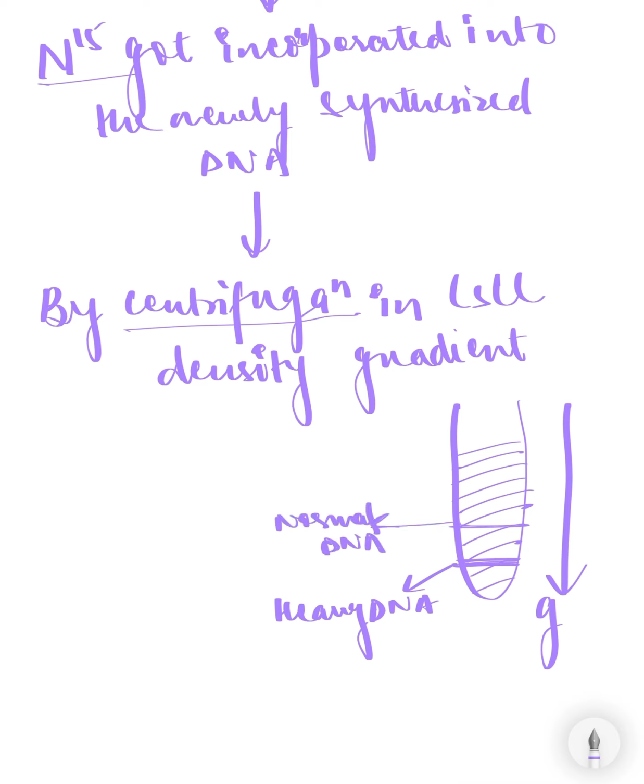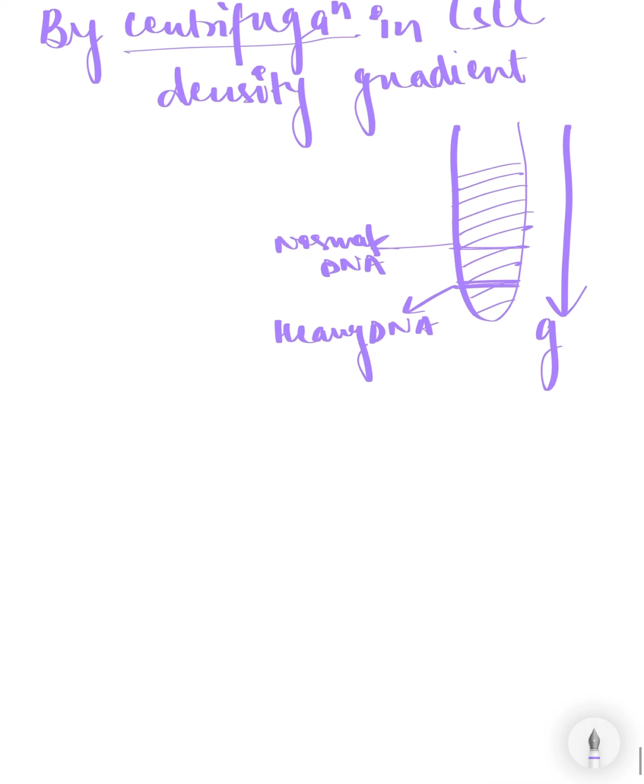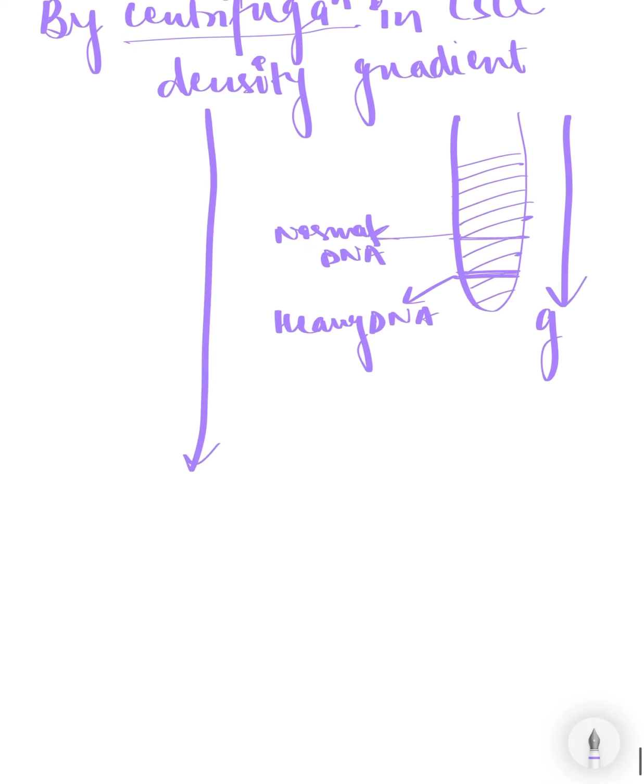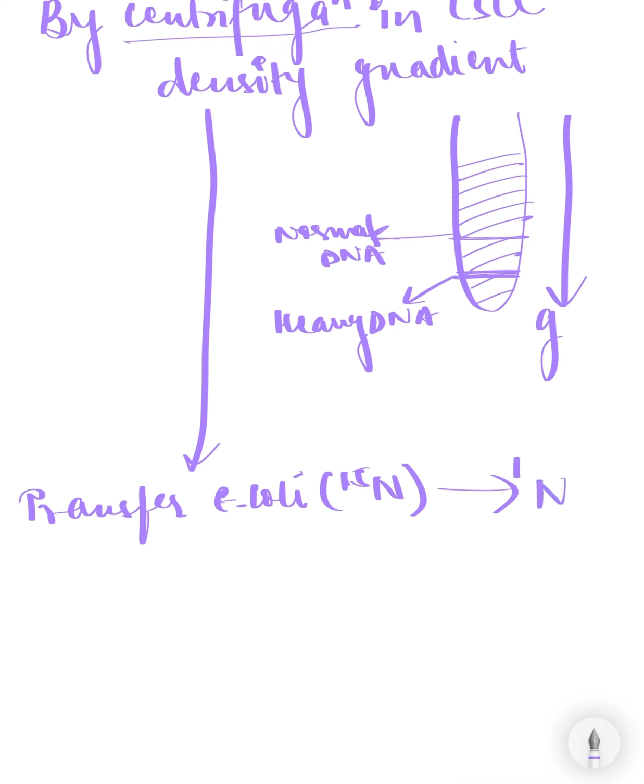After this step, they transferred the E. coli cells, which had N15 in their DNA, into a medium containing N14 NH4Cl. This N14 is the light isotope of nitrogen.